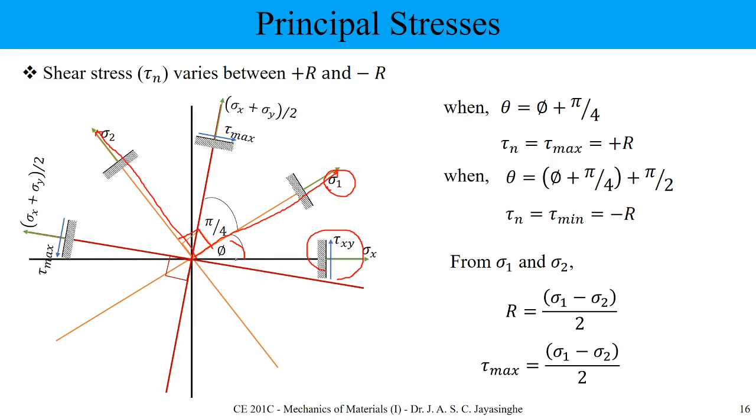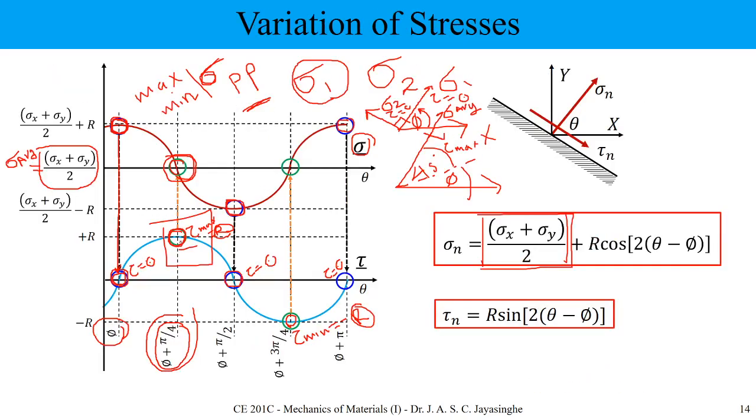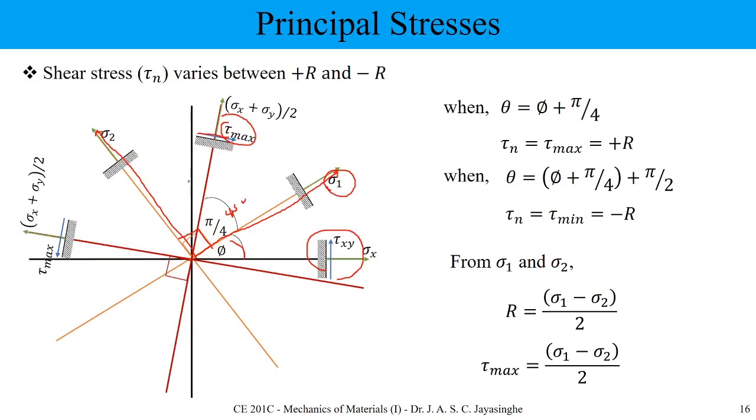If you apply phi plus 45 angle, you can see tau max. To define the direction, you go here, tau max is positive. Positive means it needs to create a clockwise rotation. So that's why it is in the clockwise direction.